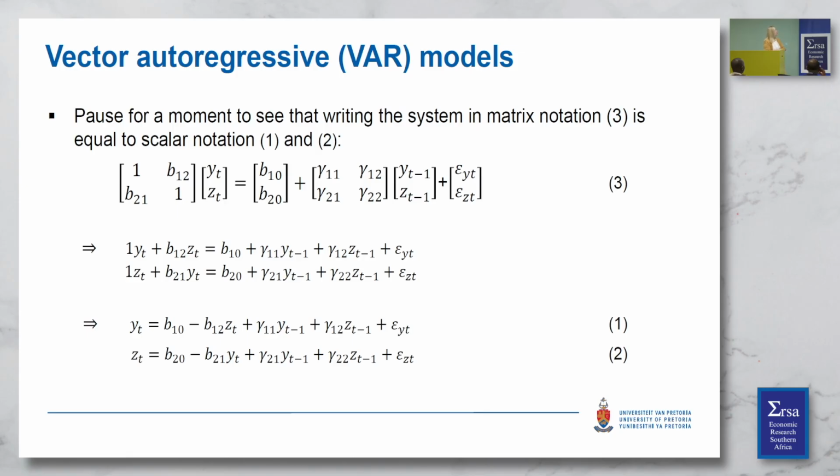So what we do from this step to this step is just to normalize on the y, get the y on this side, so we just take that on the other side, and then it becomes minus a b1, 2. But still, so this is our structural VAR, and this is just the matrix notation of our structural VAR.